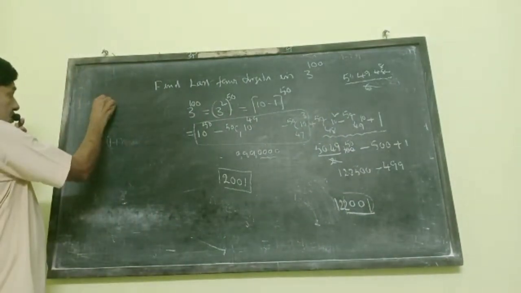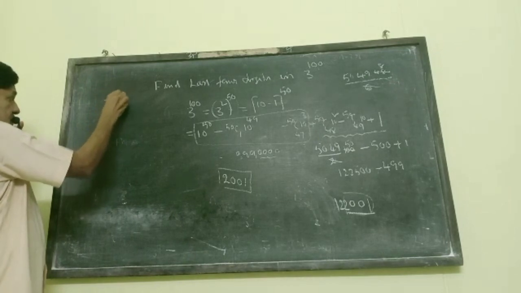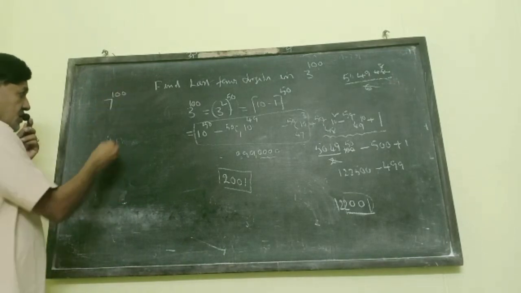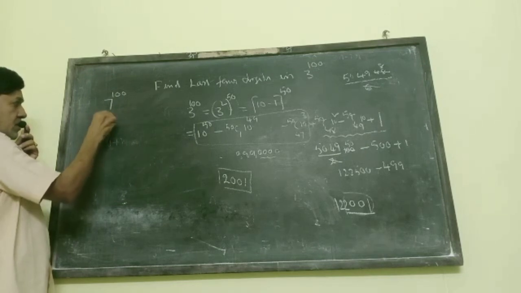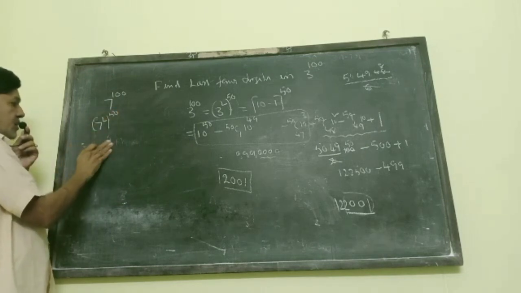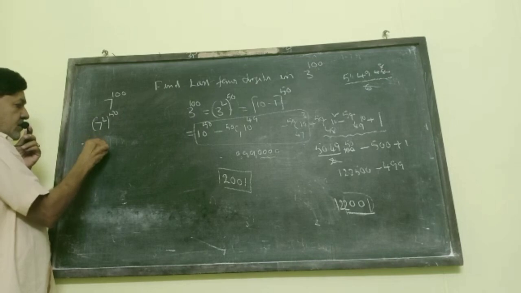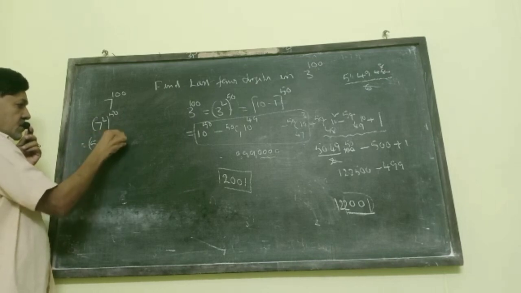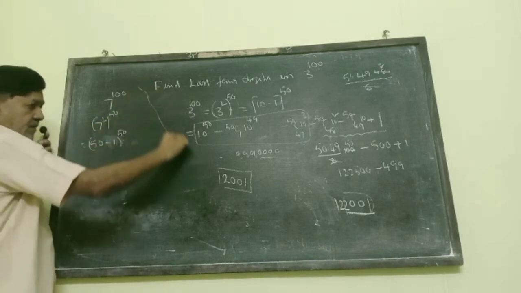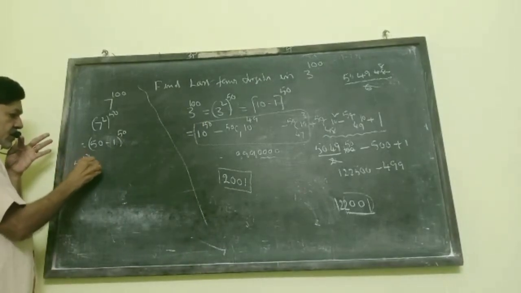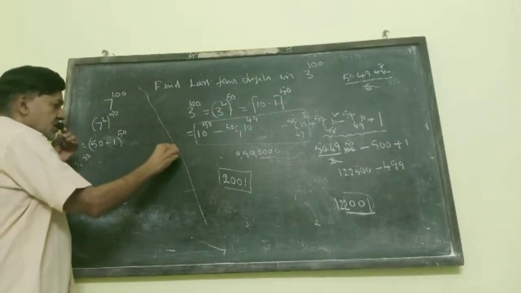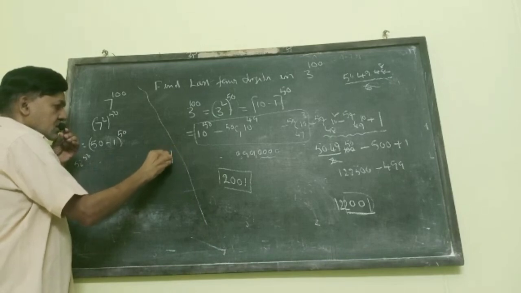Similarly, you find out the last 4 digits in 7 power 100. I'll just give a hint and you have to do it. You can write 7 square whole power 50. This is 50 minus 1 whole power 50. Then you will get 50 power 50, and so on. Concentrate on the last 3 digits.